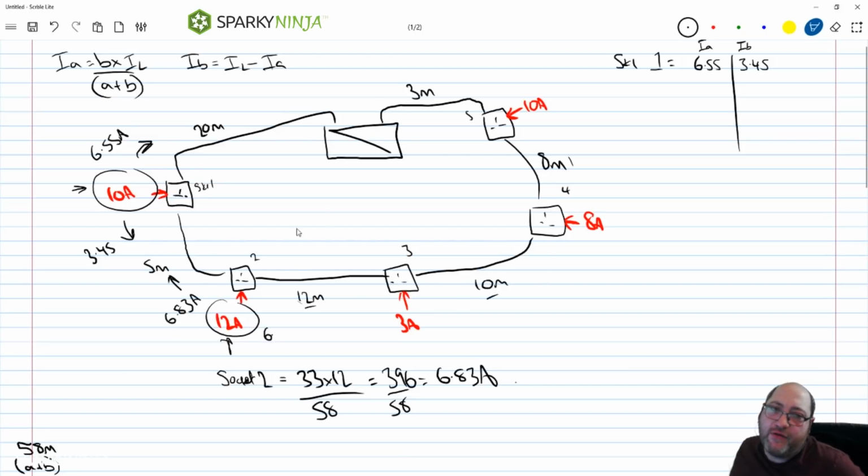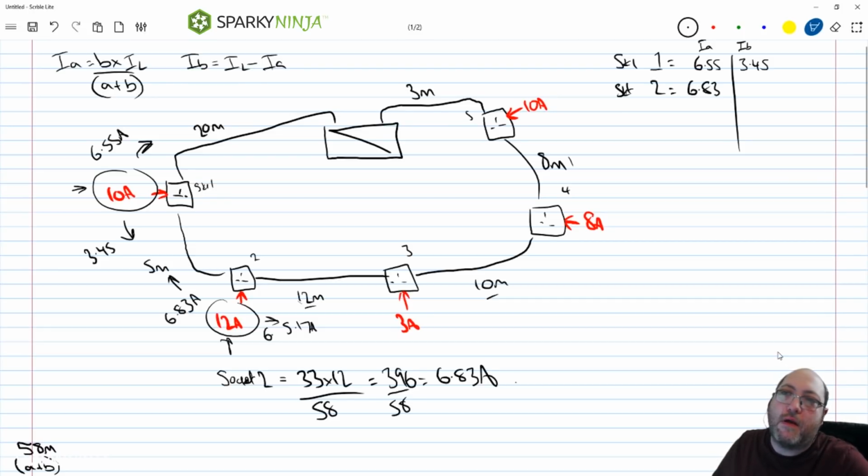That's 33 meters. So if 6.83 is going that way, 12 minus 6.83 means 5.17 is going that way. Okie dokie. So socket 2 equals 6.83 IA and 5.17 IB. Right, we're making progress.